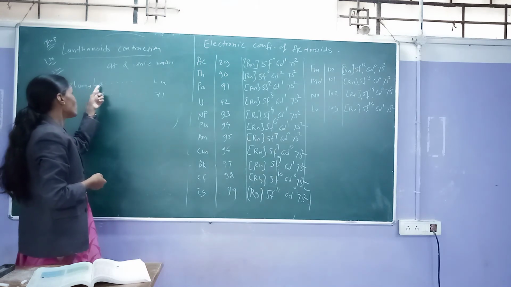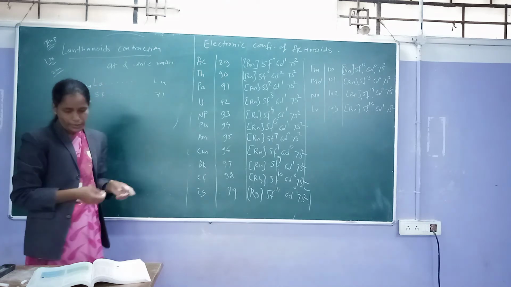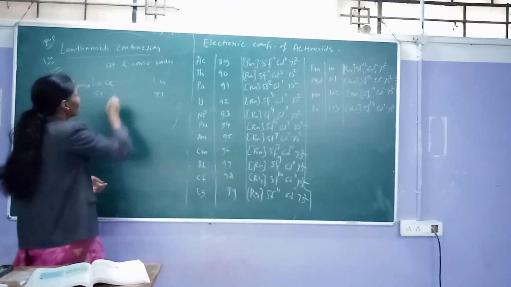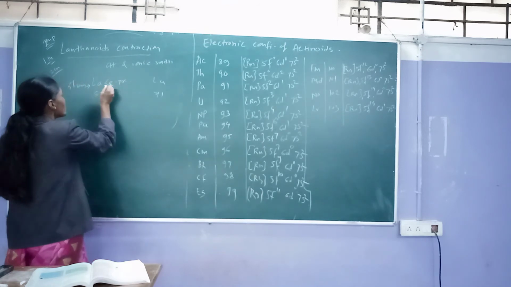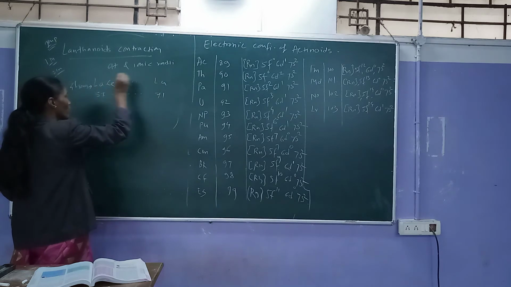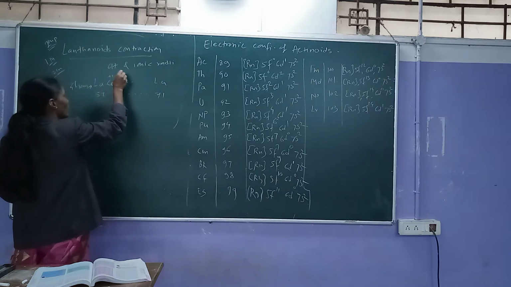From lanthanum, the nuclear charge increases by one for the next element, from cerium, promethium. The positive charge increases by +1, again +2, +3, and continues.